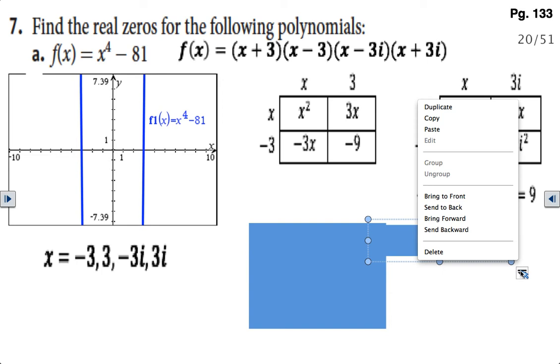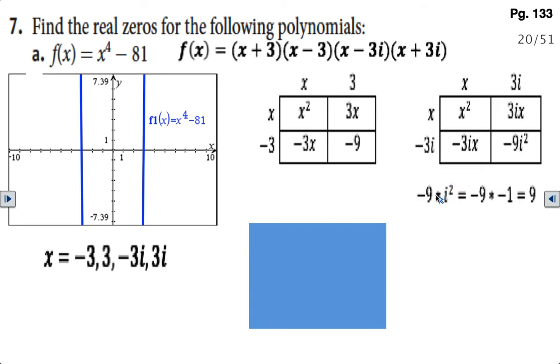what you actually have, let me delete this, the negative 9 times i squared, well, negative 9 can stay negative 9, and then i squared actually equals negative 1. If you're not sure, just look on the back of the room. I have a poster that says i squared equals negative 1. Okay, and then you can multiply these two together and you just get a positive 9.